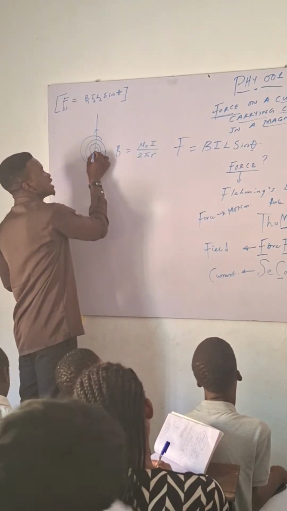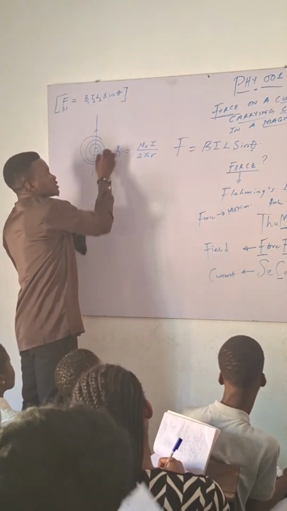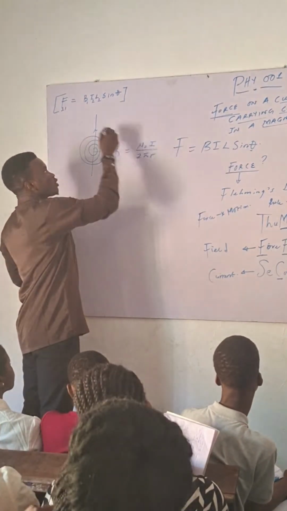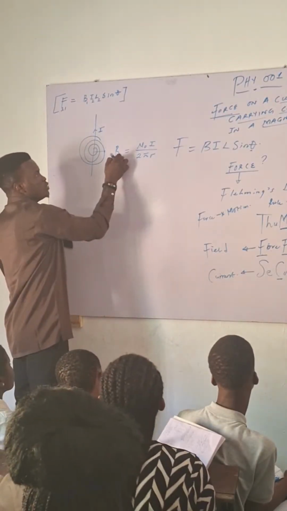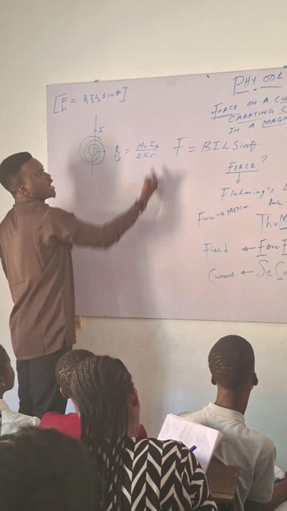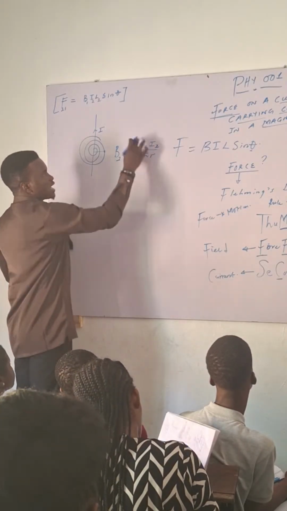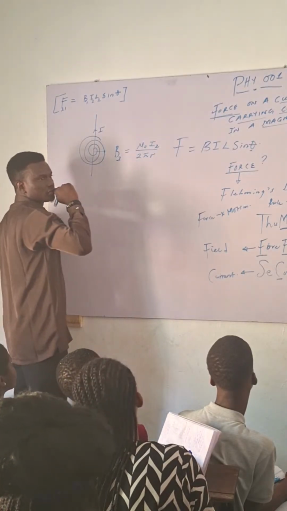R is the distance to the wire, the distance to that point. I is the current that is flowing. So just know that B2 is going to be mu naught I2 over 2 pi r. All these ones are constant. So that tells you something.